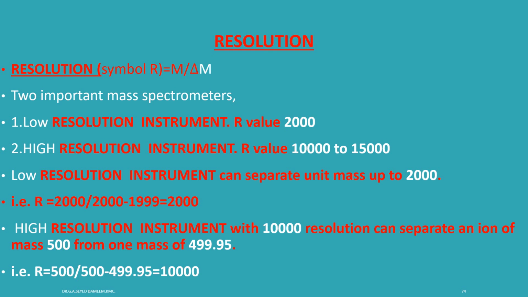That is, a high resolution instrument with a resolution of 10,000 can separate an ion with m/z 500 from a peak with m/z 499.95. So resolution is a term related to the instruments.